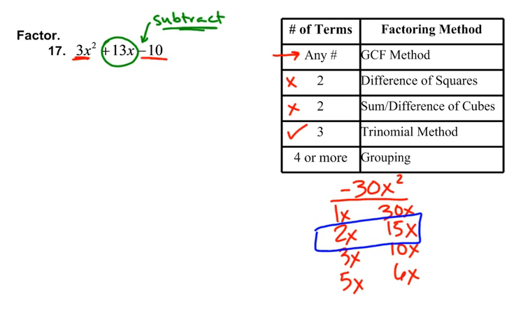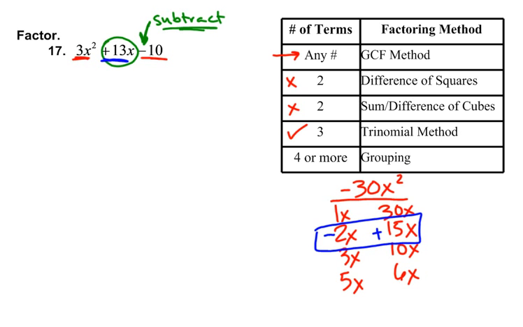And we definitely want to subtract in this problem, because our signs have to be opposite of each other in order to get this last term to be negative. Okay, so as we continue, let's look at the signs we would use. To get a positive 13, I'm going to need to arrange my signs on 2x and 15x so that I have a negative 2 and a positive 15.